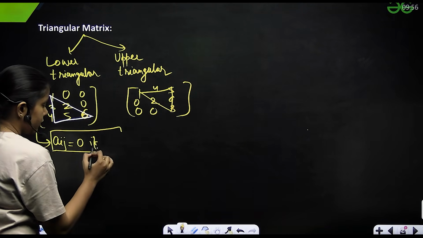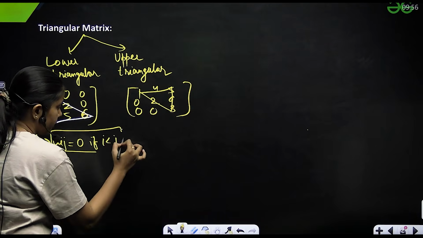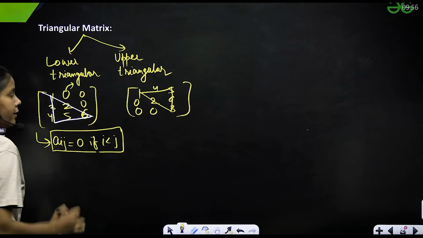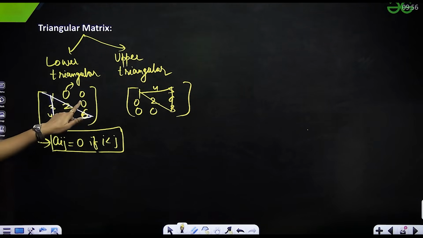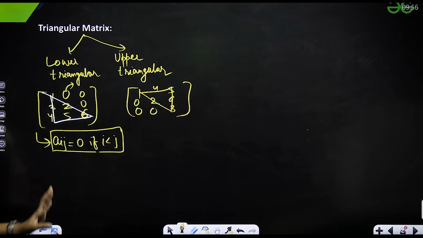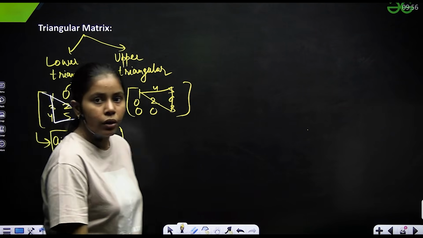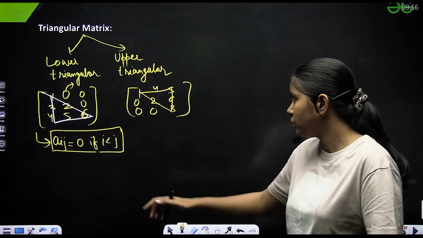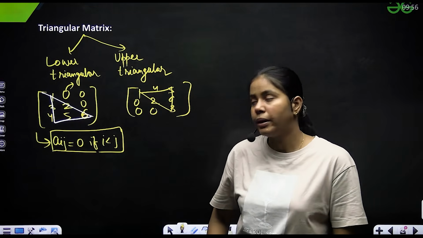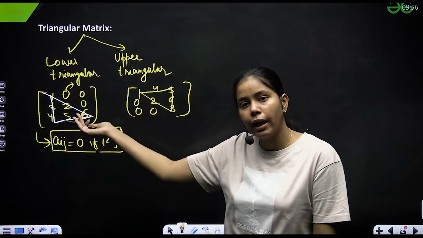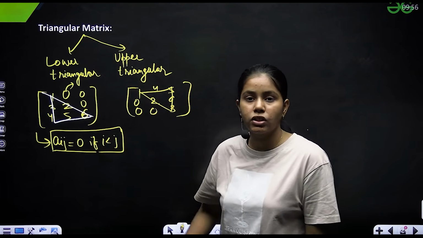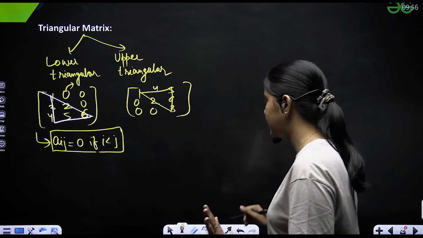I just have written it. i less than j, because these entries are A12, A13, A23. A22 is not 0. All other entries may or may not be 0. But the condition for a lower triangular matrix is that all the elements above the diagonal are 0. So that means Aij is 0 for i less than j.